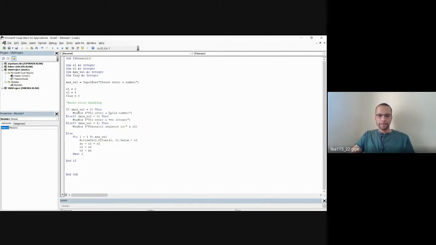Just run through this thing once. Flag is something which I have not used. I thought we may require it, but I can just comment this out for now. Okay, max one.